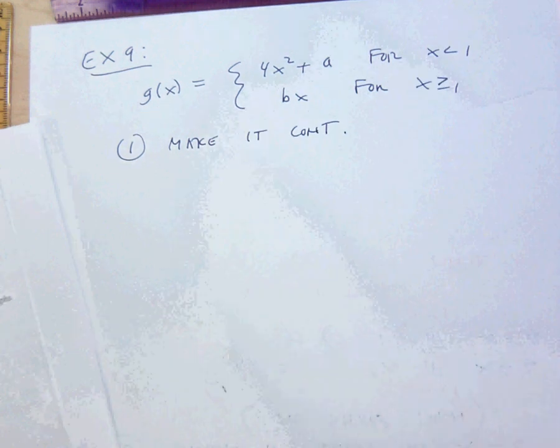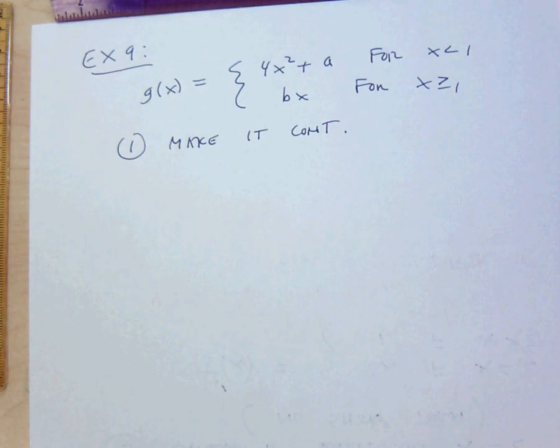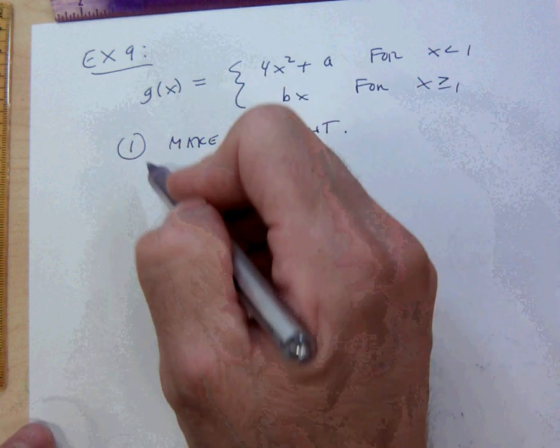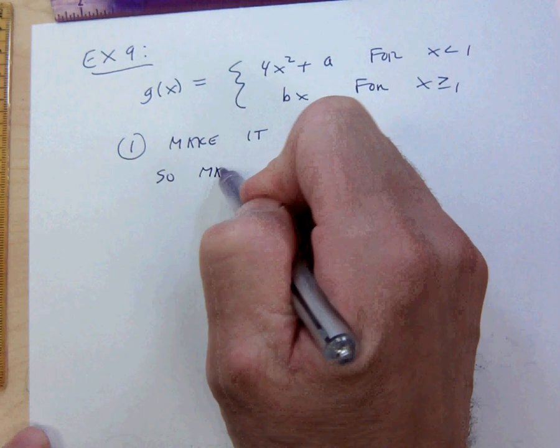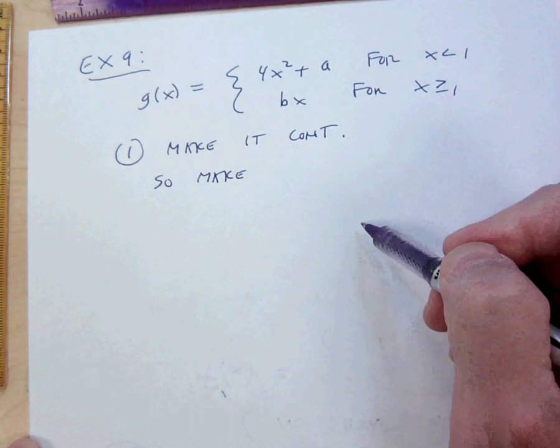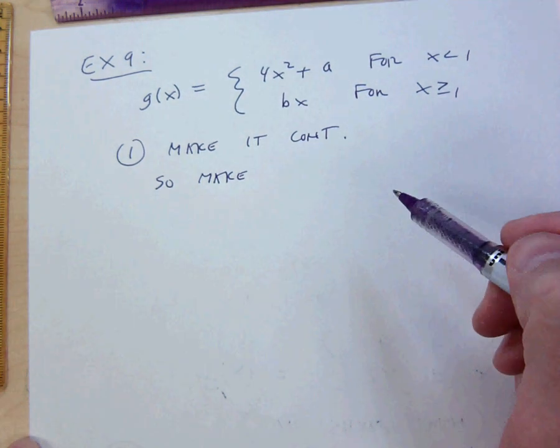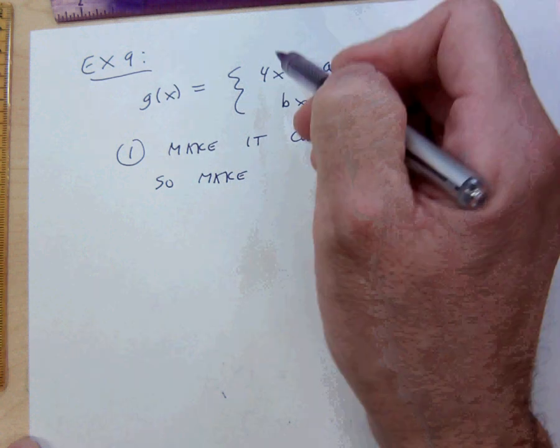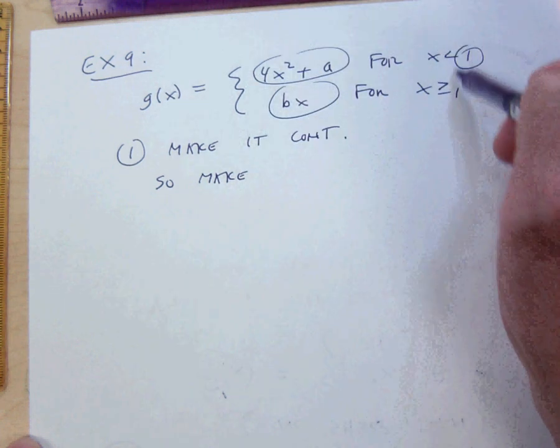And how do I make it continuous, guys? Well, basically I got to make the y values the same, right? So I got to make that equal to that at 1.